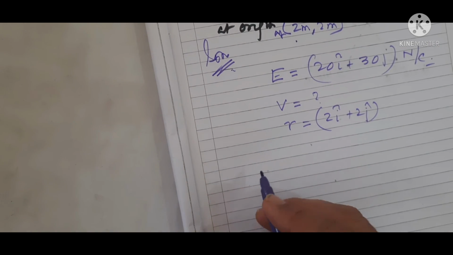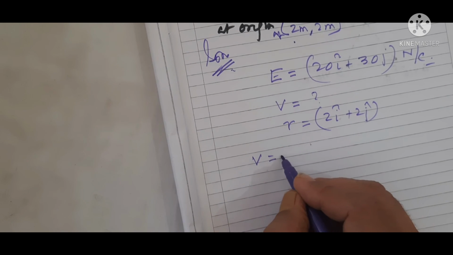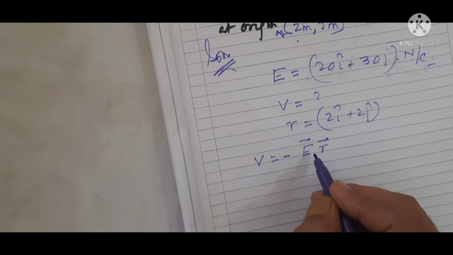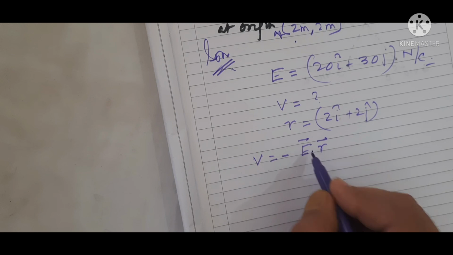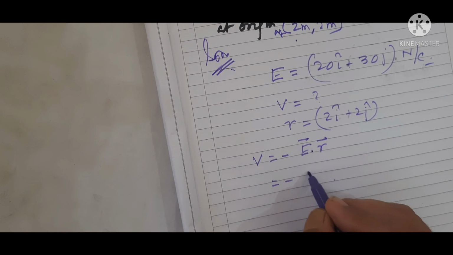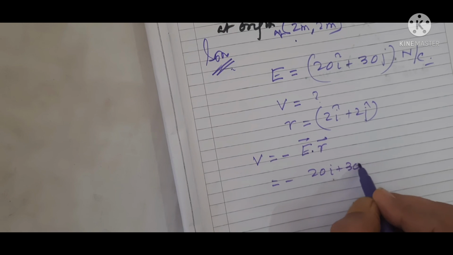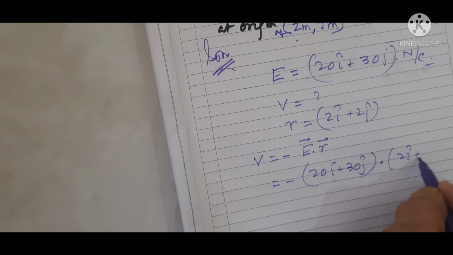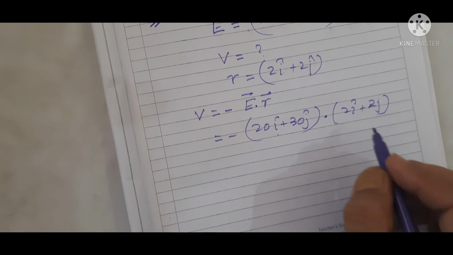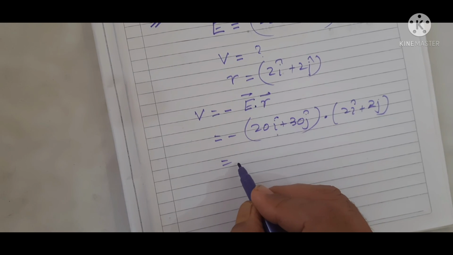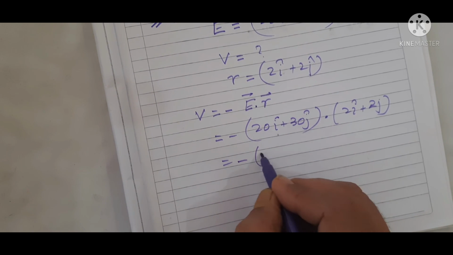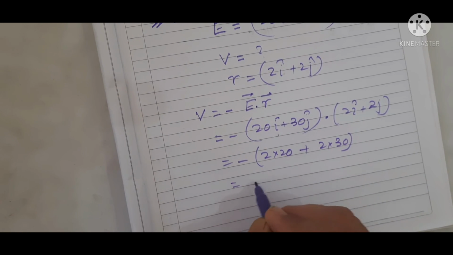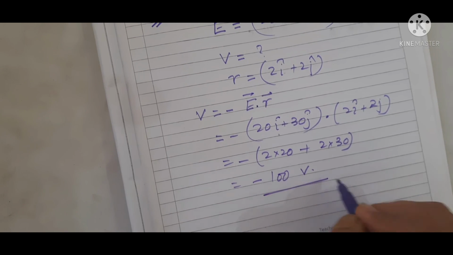So we write V = −E·r, the same formula in vector product form: V = −(20i + 30j)·(2i + 2j). If we calculate, that is −(2 × 20 + 2 × 30), which is −100 volt. That is the answer.